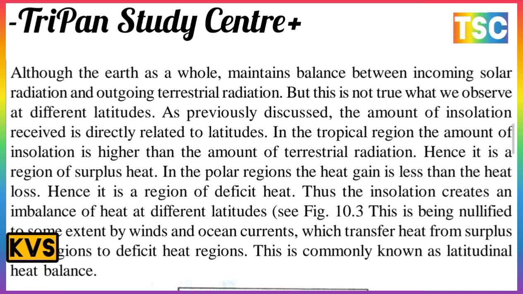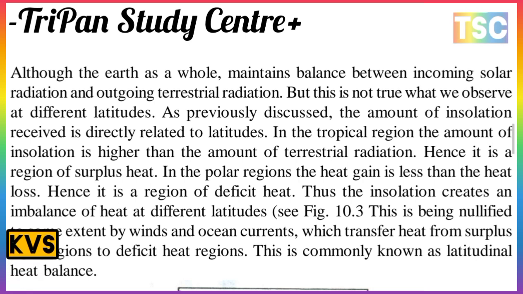But this is not true when we observe different latitudes. As previously discussed, the amount of insolation received is directly related to latitude. In the tropical regions, the amount of insolation is higher than the amount of terrestrial radiation, hence there is a surplus of heat.